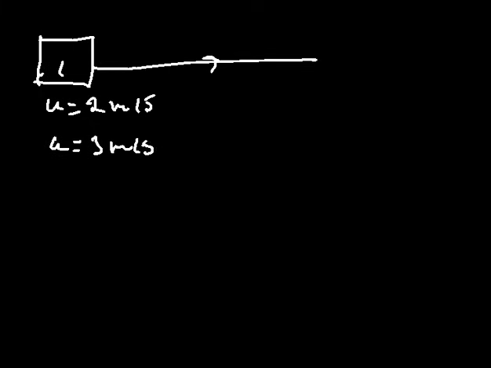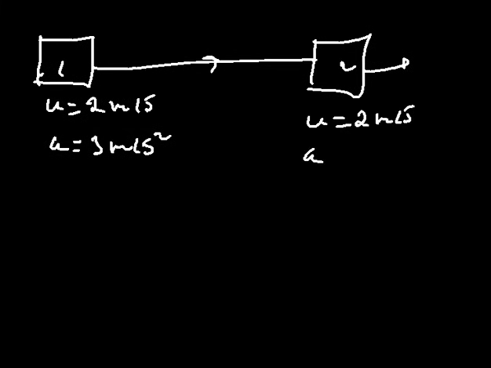Let's say that is the acceleration. And object 2 is moving with initial velocity given as 2 meters per second as well, but acceleration is 2 meters per second square. And let's say object 1 is behind by about 10 seconds.